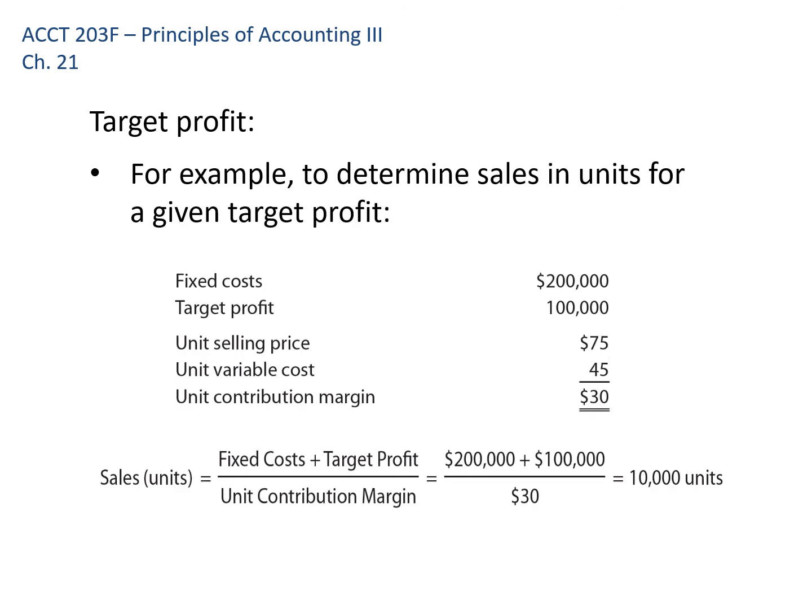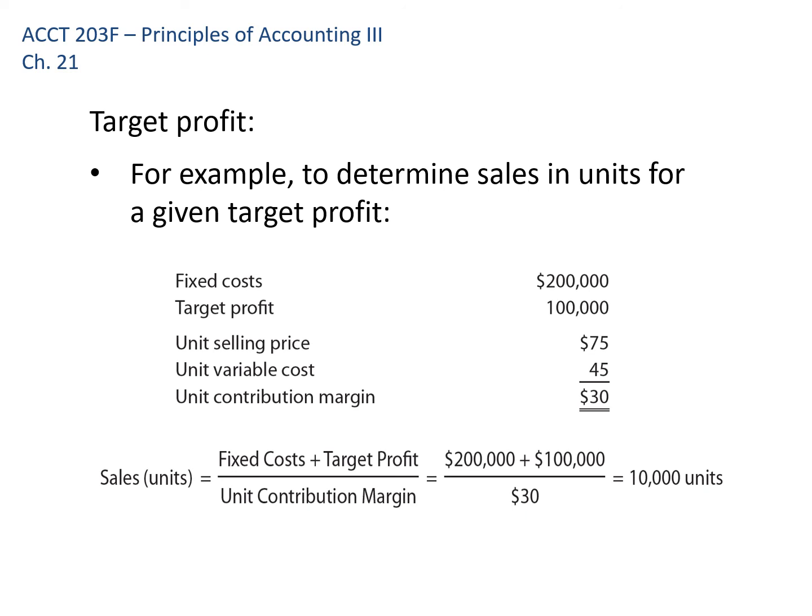In this example, I have fixed cost of $200,000. I want to make $100,000. That's my target. I have a unit selling price of 75 and variable cost of 45. So each unit I sell gives me $30 towards covering my fixed cost and earning $100,000 in profit.